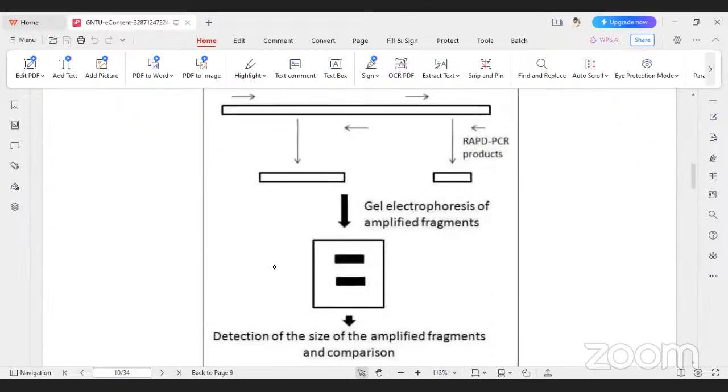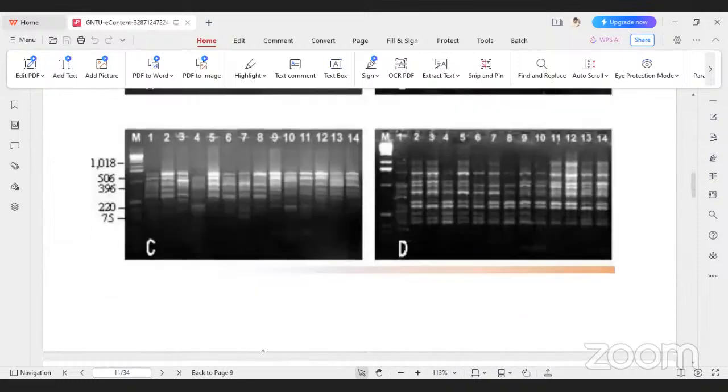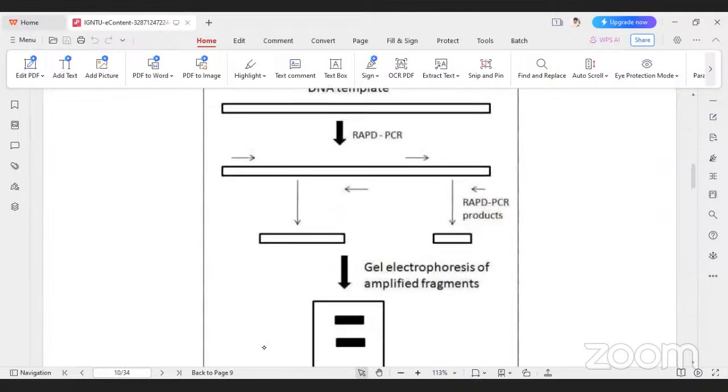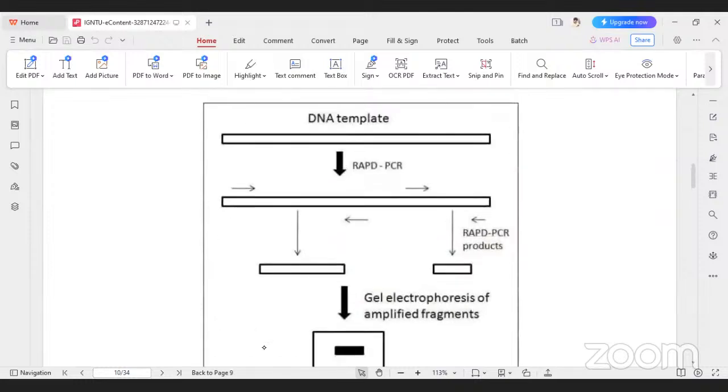First of all, the later steps first. First, this is a DNA template. This DNA template is cut with restriction endonuclease enzyme to break it. After fragments formation, it continues with the PCR mechanism. That means these fragments produce more and more copies.